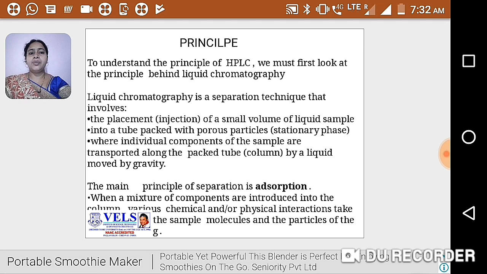The main principle of separation is adsorption, where the mixture of components are introduced into column and various chemical and physical interactions take place between the stationary phase and the sample molecules, which leads to the separation.